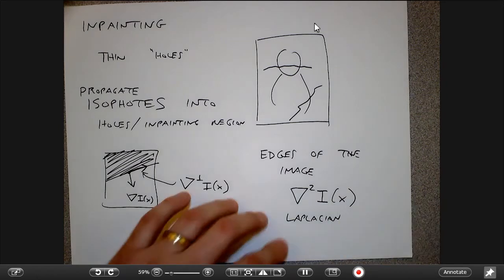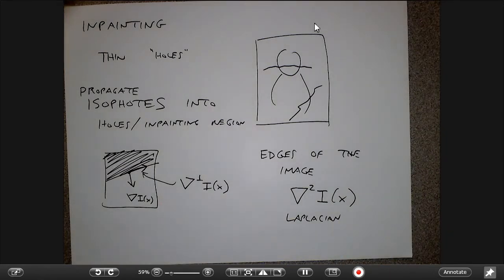This is one filter that I could run across the image to produce an edge map, kind of saying how strong the edge is. I want to find where these edges are strongest and push them along the isophote directions into the hole. The idea is I want to continue edges into the hole, right?